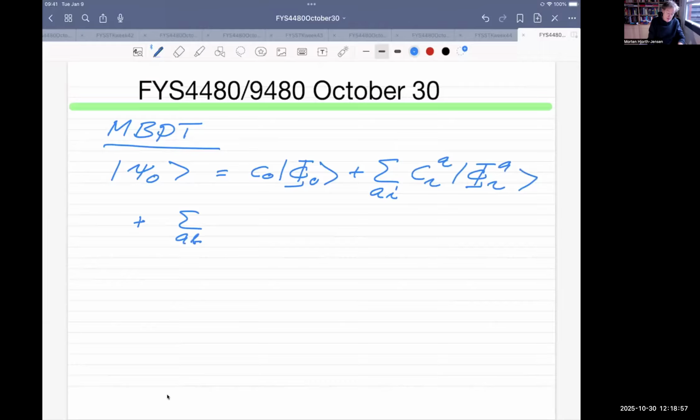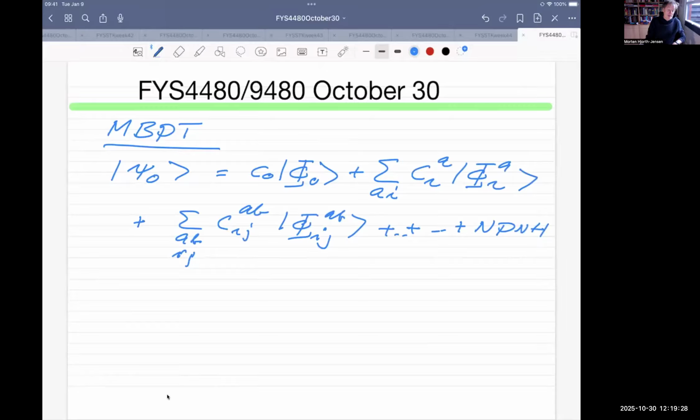So I'm just setting up these expressions to remind you quickly of what we did previously. And then we have a series of other contributions like 3-particle 3-hole, 4-particle 4-hole. And then I'm just going to write the final one as an np-nh, which means that the last possibility is the set of all n-particle n-hole excitations.